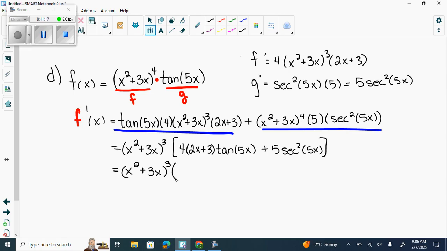What did I forget about? X squared plus 3x. On this one. Good catch. All right. So I get 8x plus 12 times tan 5x. Plus 5x squared secant squared 5x.